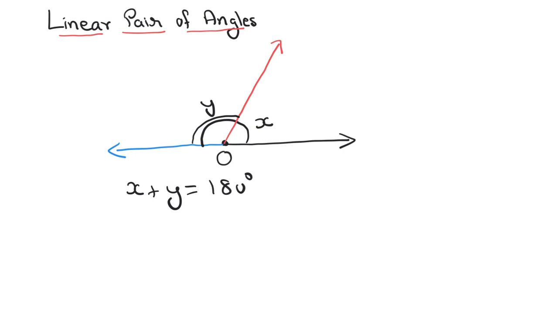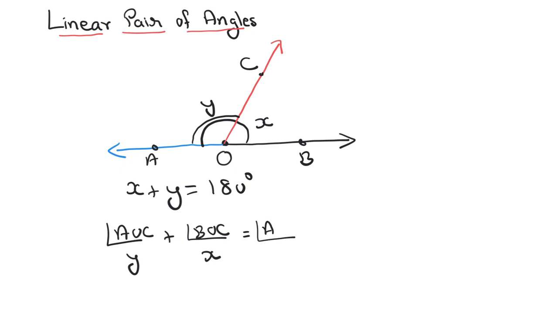If we label the points as A, B, and C, and if you have to represent them with letters, angle AOC, which is Y, plus angle BOC, which is X, will be equal to what?